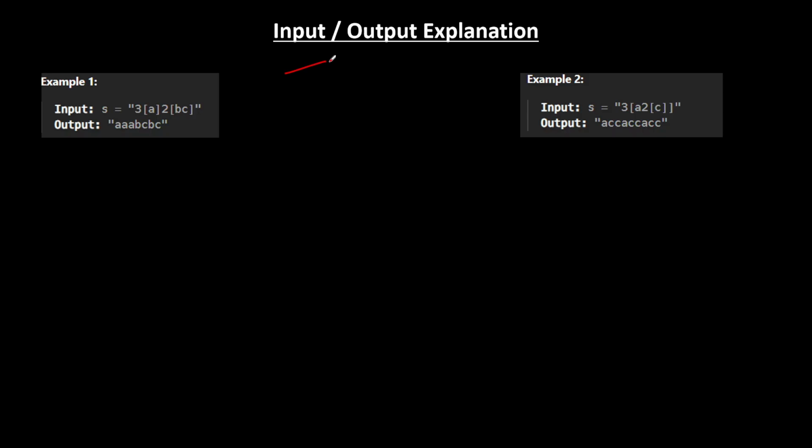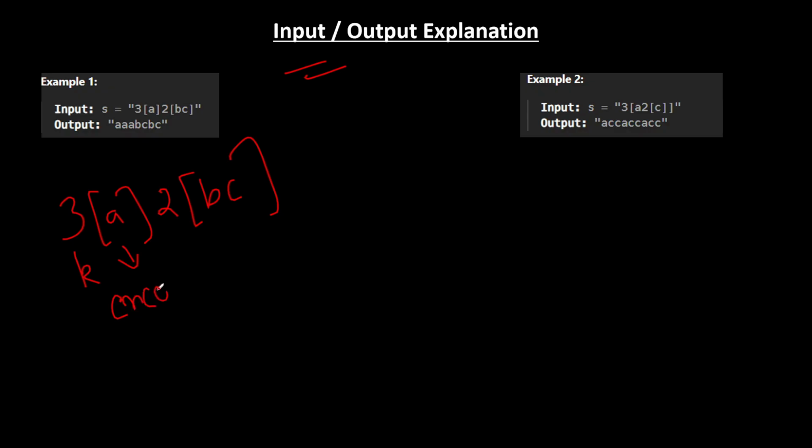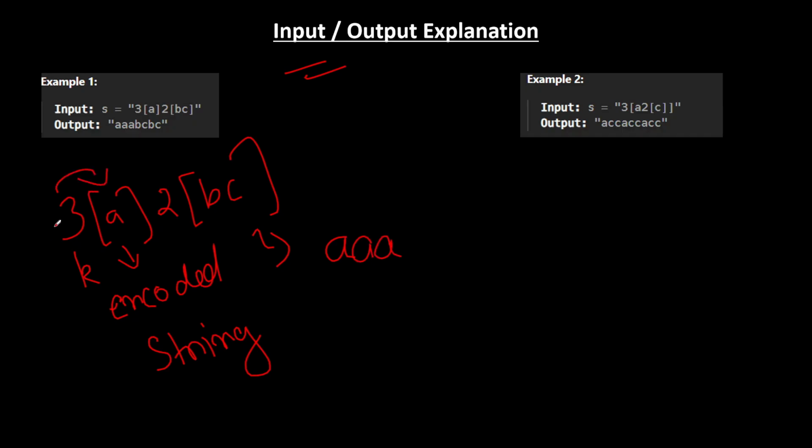Now let's understand the input output explanation. Let us try to make this problem much clearer using this explanation. This is what is given to us. This is k and this is the encoded string. This a will be repeated 3 times because k comes before a as per the question.